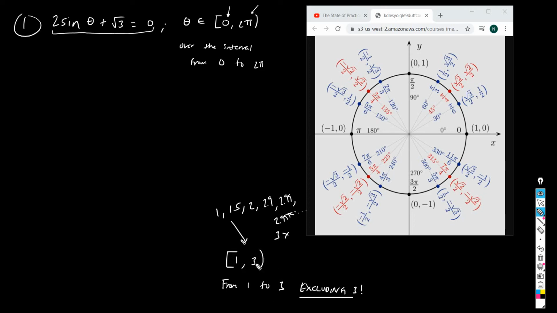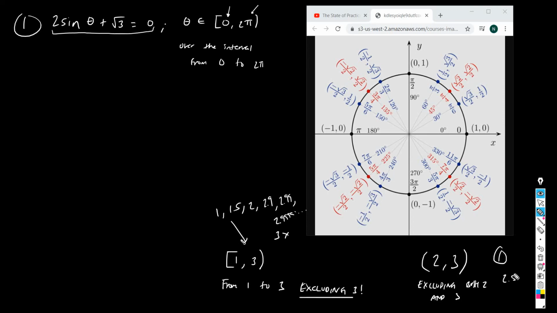The parenthesis excludes this number. For example, another interval from 2 to 3. This interval is comprised of all the numbers between 2 and 3, but excluding both the number 2 and the number 3. So for example, is the number 1 inside this interval? No, clearly not, because it's less than 2.